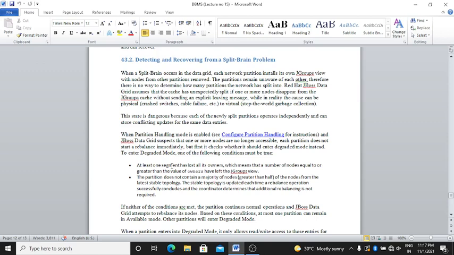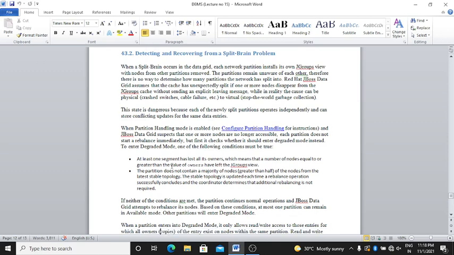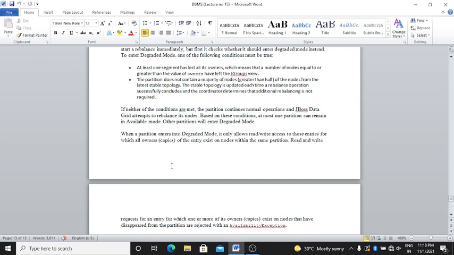The stable topology is updated each time a rebalance operation successfully concludes and the coordinator determines that additional balancing is not required. If neither of the conditions is met, the partition continues normal operation and JBoss Data Grid attempts to rebalance its nodes.